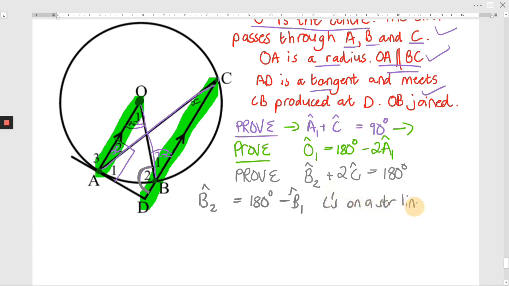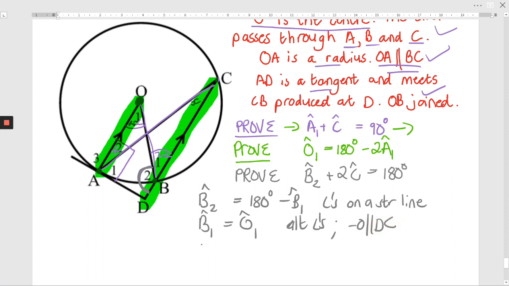What was B1 again? B1 was the same as O1, and that was alternate angles. These are all things I got right from the beginning, and I think that's why I stress going through the paragraph so much. Alternate angles because of AO being parallel to DC.